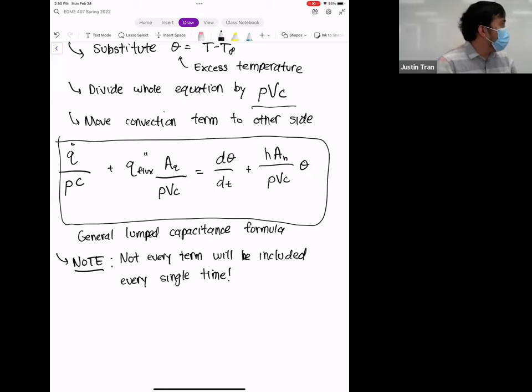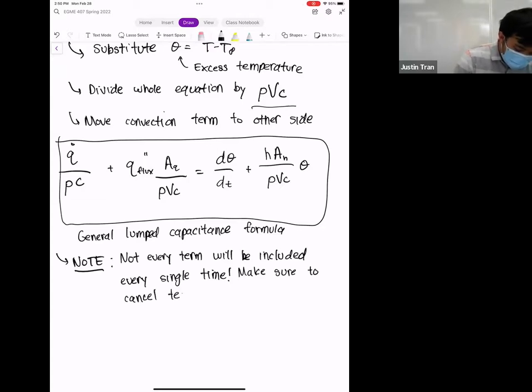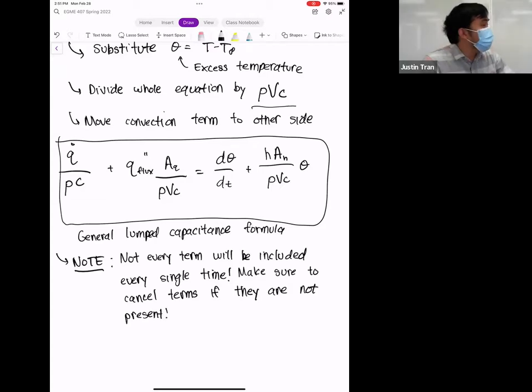I would say the most rare would be the thermal generation term, because that usually requires some kind of special material which is generating heat on its own, which is not that common in practice, but it can be there. And you might even have situations where there's no convection, and if there's no convection, then you're going to eliminate that term as well.